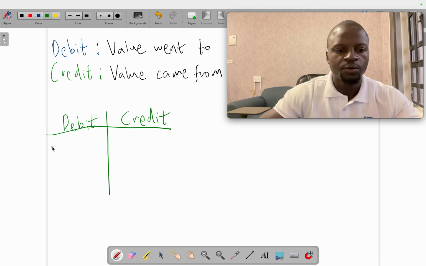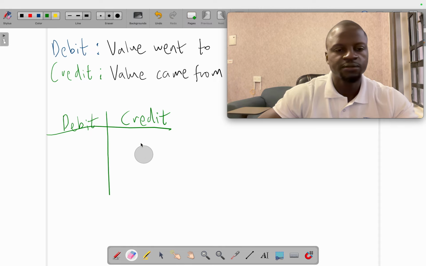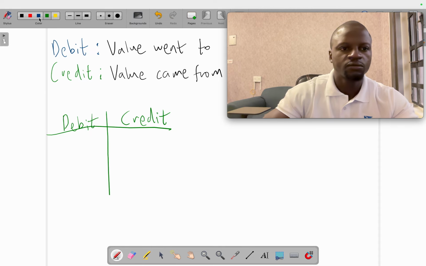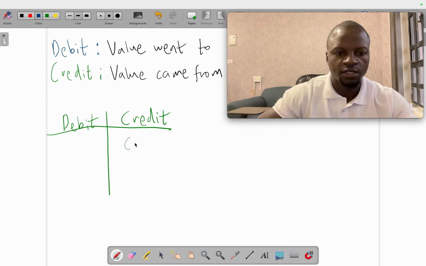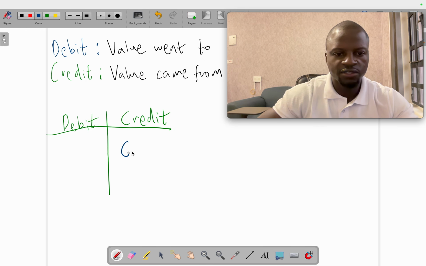So assume we are buying assets or we are buying inventory worth 1,000 in cash. So in this case, the value is coming from cash. The value is coming from cash.